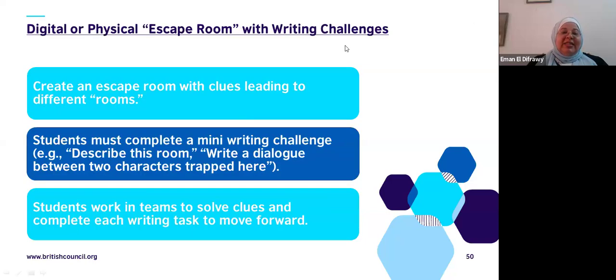We also have the escape room. They are going to create an escape room with clues leading to different rooms. So now you are in a room and you would like to escape from this room. They will write the clues. And also they could describe the room. They could write a dialogue between characters trapped there.